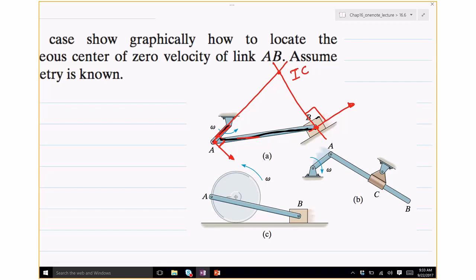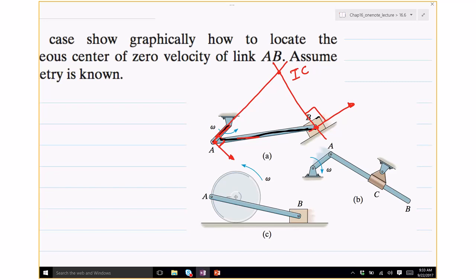In this case, you're just supposed to draw it. It's not important to show i and j, as long as you show it's 90 degrees to that PA. The way we grade this is we'll see if you got this vector right, we'll see if you got that vector right, and we'll see if you drew it at 90 degrees. As long as you show that, that's good. No numbers in this question, but we're going to come to a problem where there'll be numbers, and then you have to use trig.